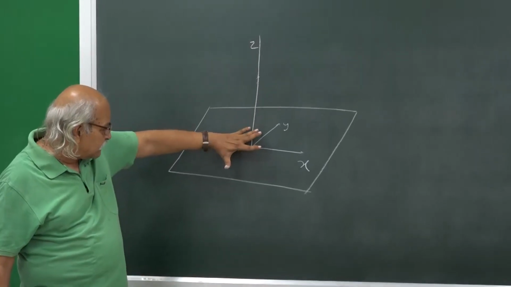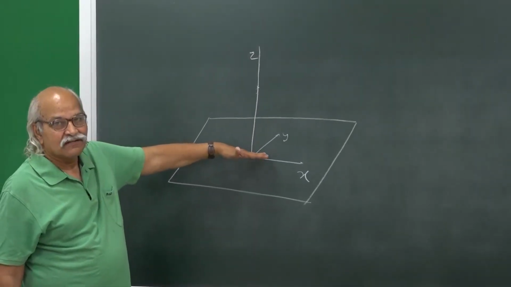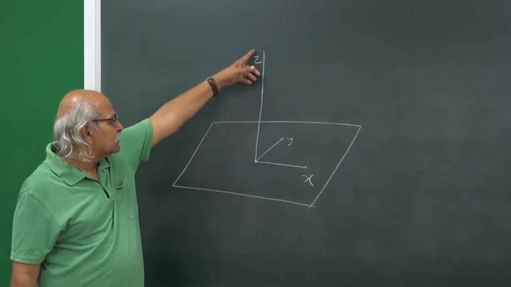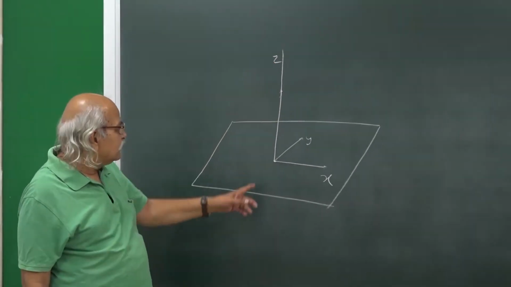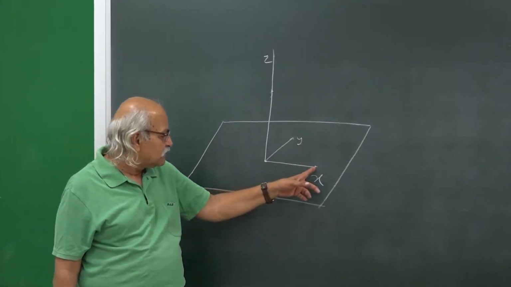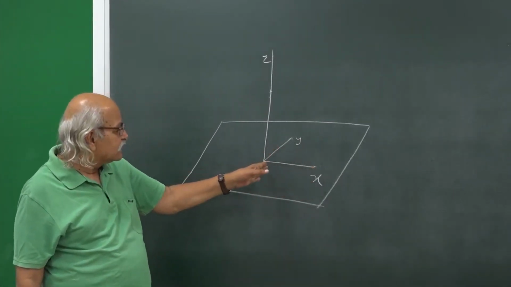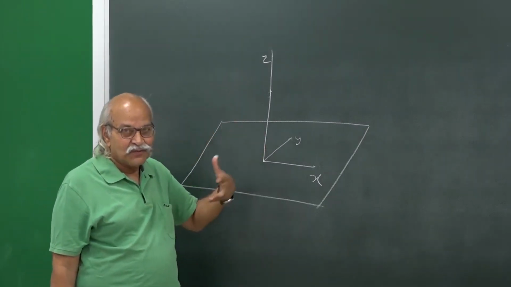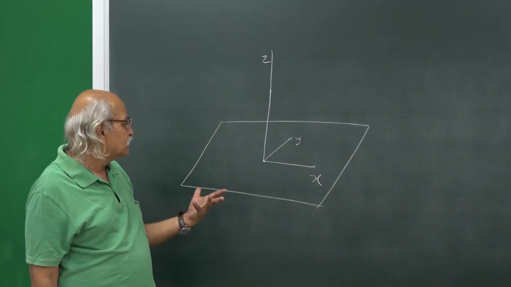It is in fact a plane which is horizontal, perpendicular to the plane of the blackboard. The z axis is in the plane of the blackboard, the x axis is in the plane of the blackboard, but the y axis is going into the plane. So, try to visualize this plane.